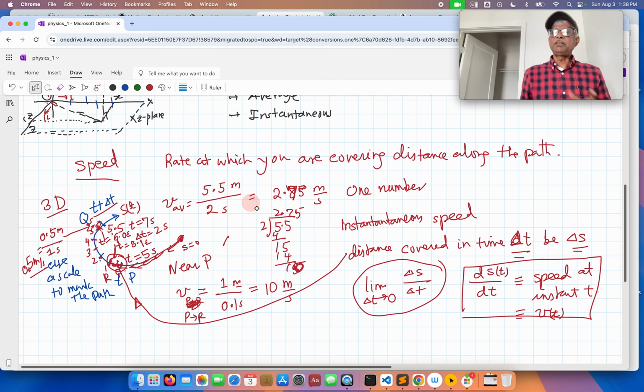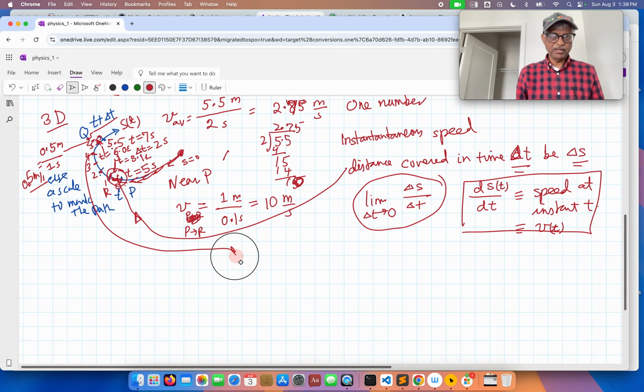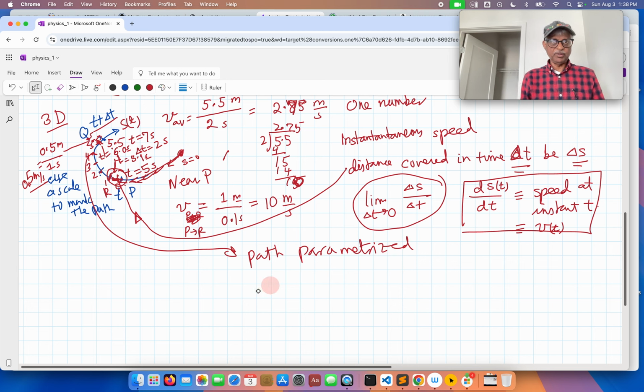Of course, in 3 dimensions, you can choose a parameter to parameterize the path. So this path can be parameterized. It's like you could say, well, from here to here, that was the time of interest.